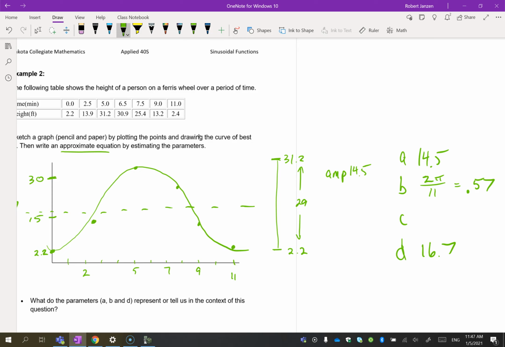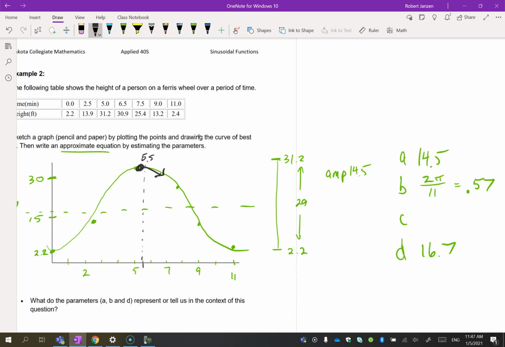I'm going to do something a little bit different here. What I'm going to do is I'm going to say, let's go to the highest point where it goes down. Okay? And I'm going to say that the highest point is at 5. Well, maybe the highest point is actually supposed to be at 5.5 because that's in the middle of 11.